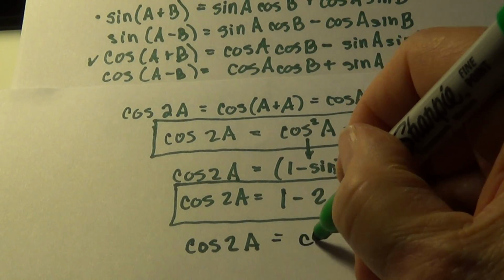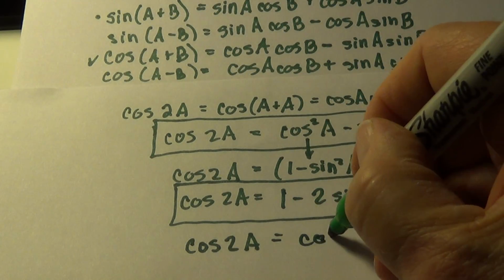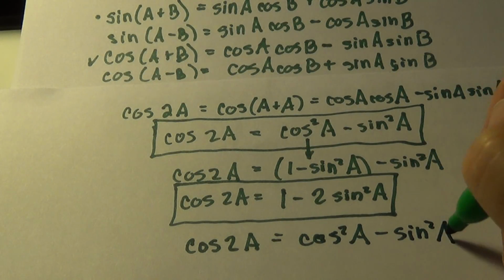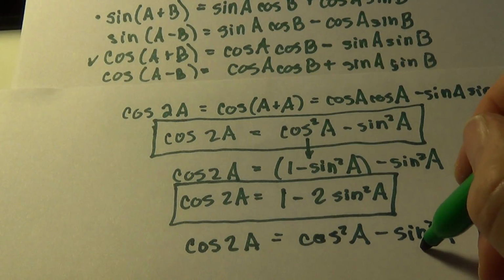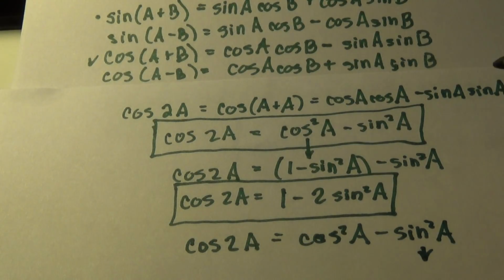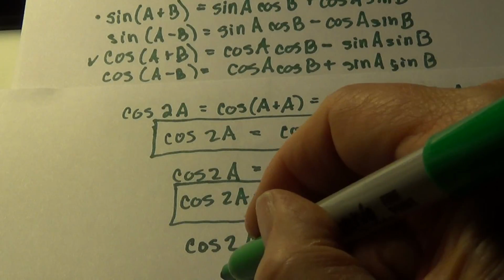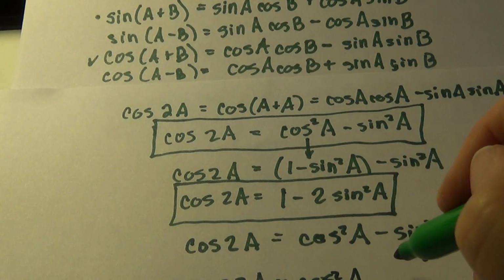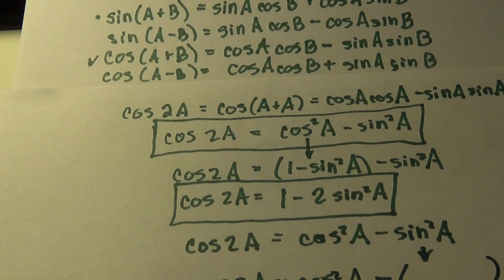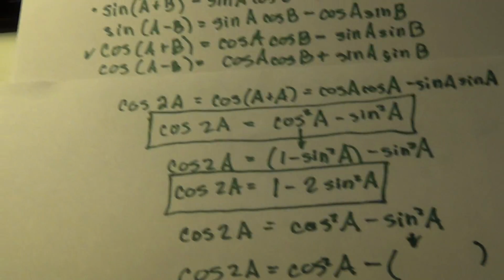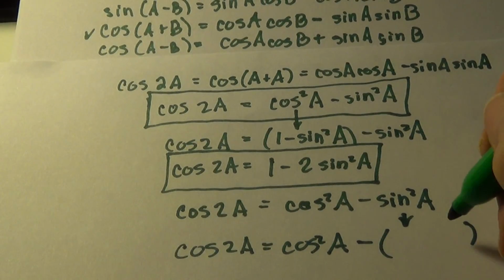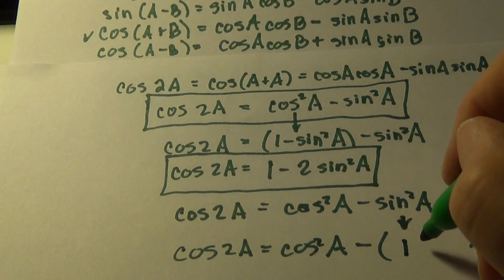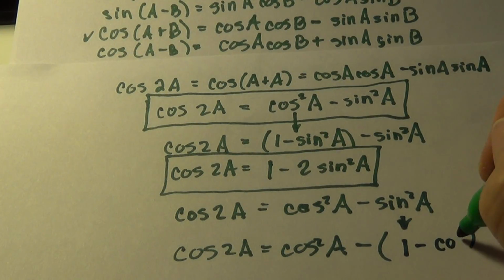I'm going to take the original one up here and alter it so that it's only cosine in it. So I'm going to do that by replacing this with what? So behind that minus sign, I'm going to replace sine squared with what? From the Pythagorean ID, again, sine squared is 1 minus cosine squared.